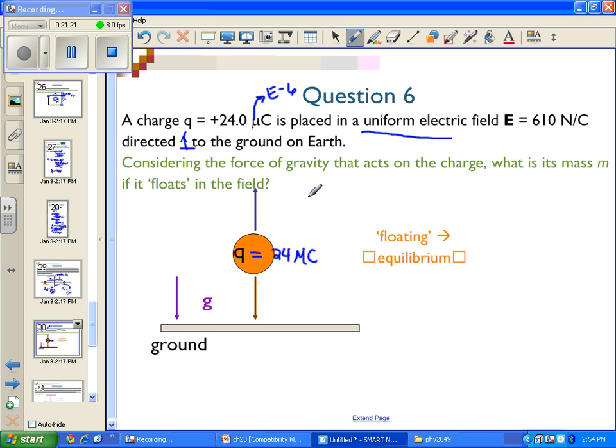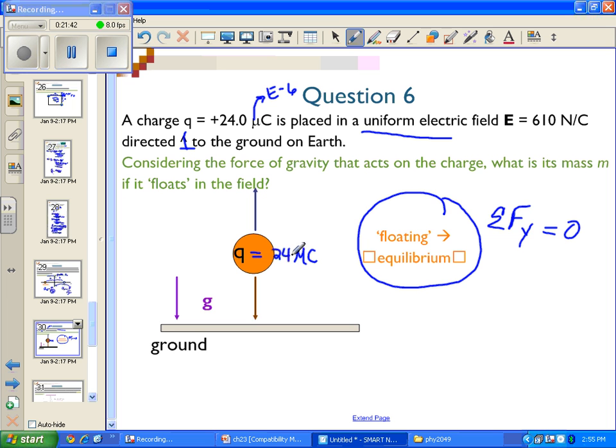Floating implies that there is no net force, along the y direction. So equilibrium means our charge is not accelerating, and in fact it's not even moving.